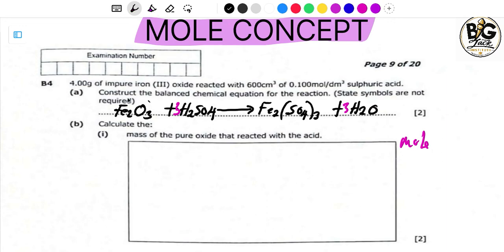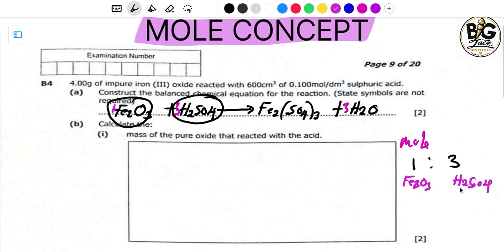The reactants are iron(III) oxide as well as sulfuric acid. The ratio is 1 to 3, where 1 is for iron(III) oxide and 3 is for sulfuric acid. So that is one thing that you need to know.